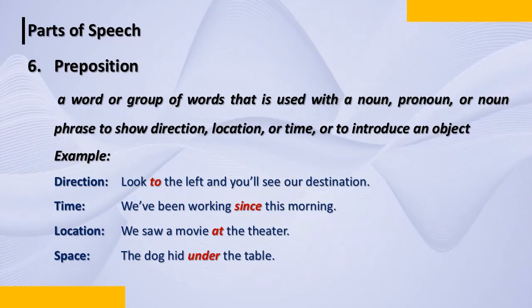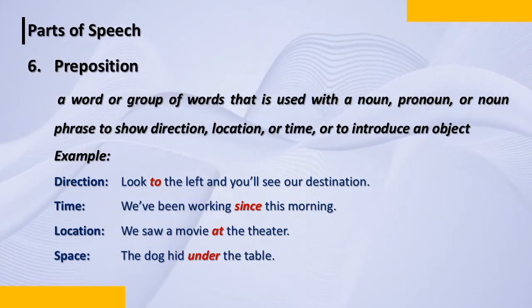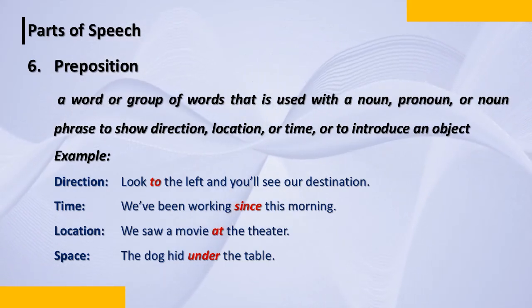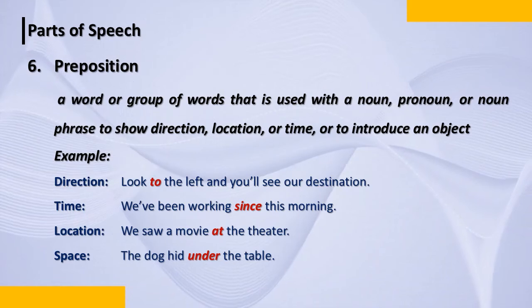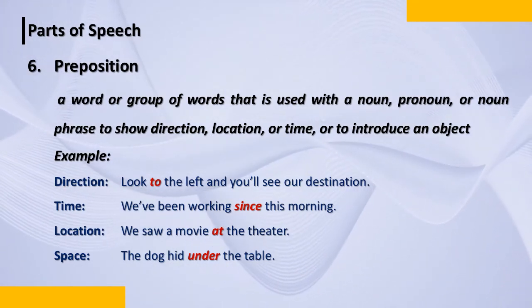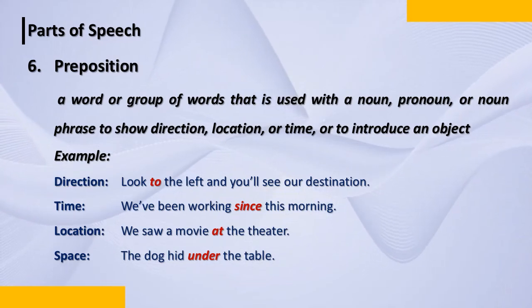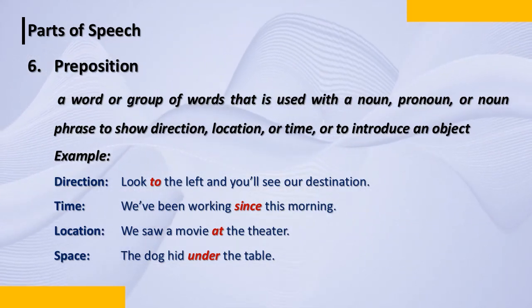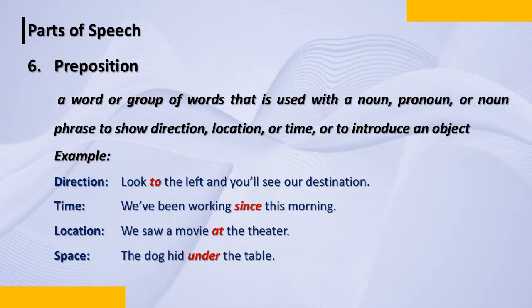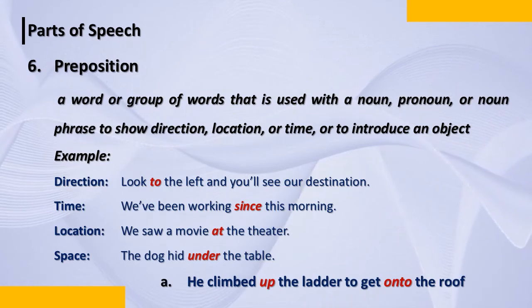I put the book under the pillow after I finished reading. So these are the different prepositions which we use: to, since, at, under, behind, on, in. The pen is in the pen stand. Raju is in the car. So these are all the prepositions.